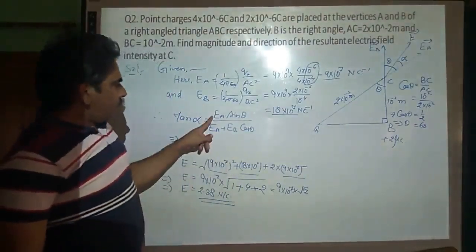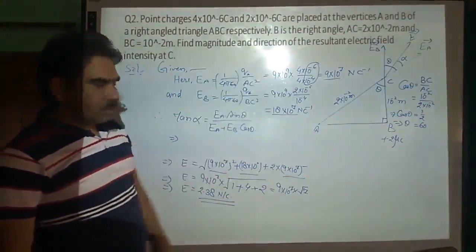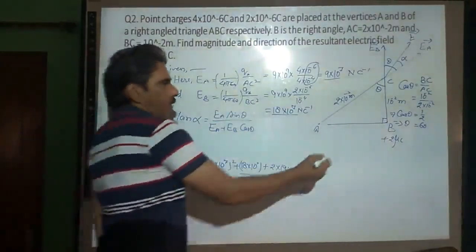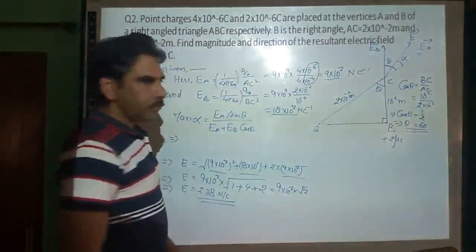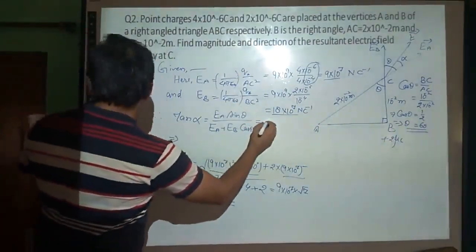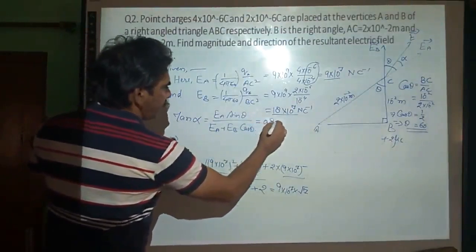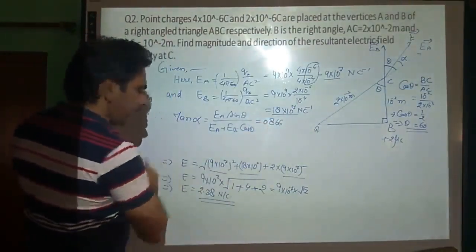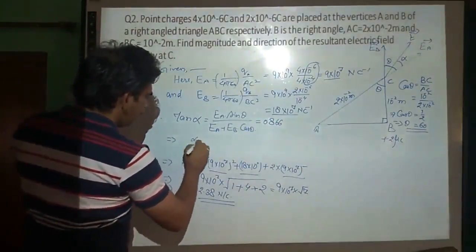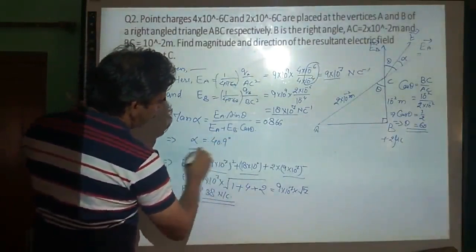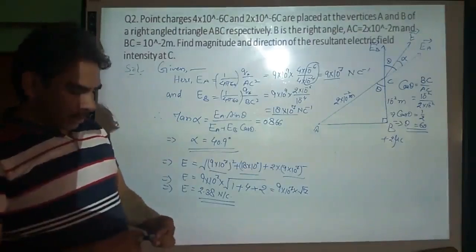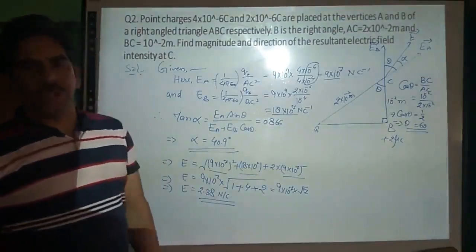You simply have to substitute the value of EA and EB from here, and sin theta you can calculate it here because theta is 60 degree as we have found earlier. When we substitute the values and make some calculation, this value comes out to be 0.866, and if we take the help of the mathematical tables, alpha is found to be 40.9 degree. So this is how we find the direction of this electric field in this particular situation.